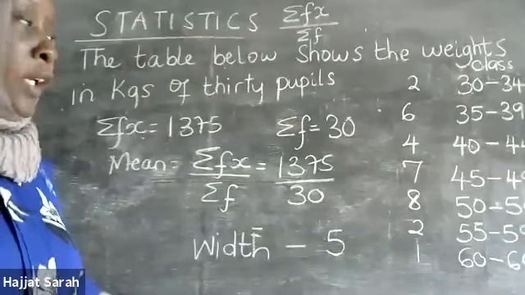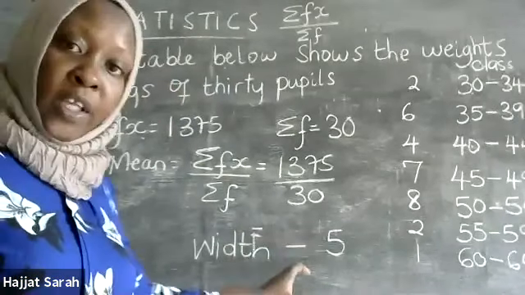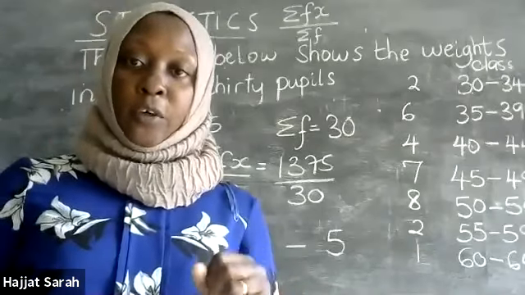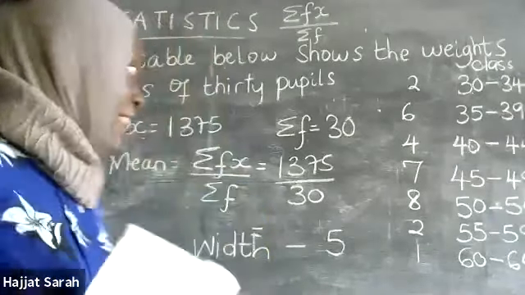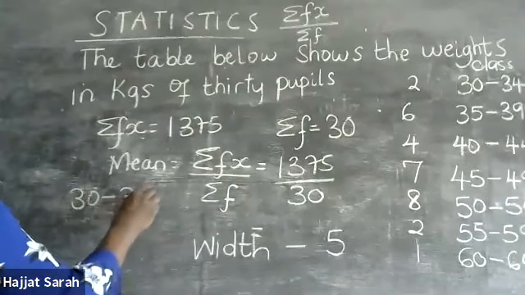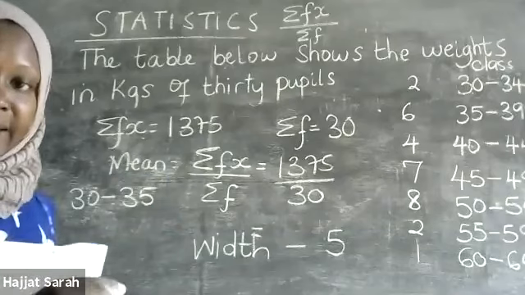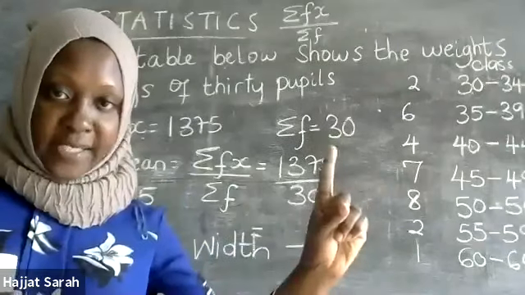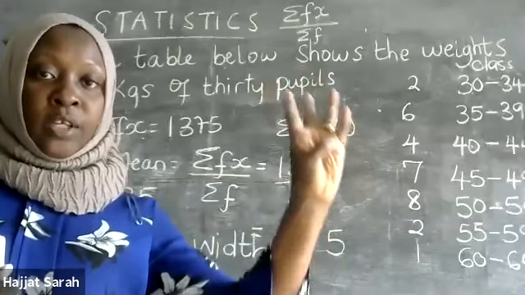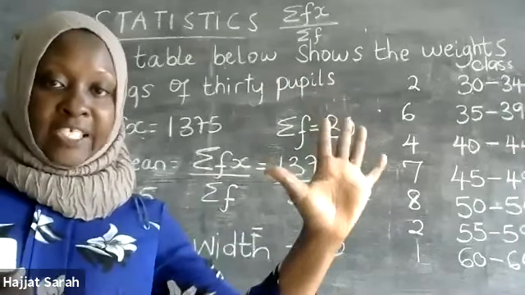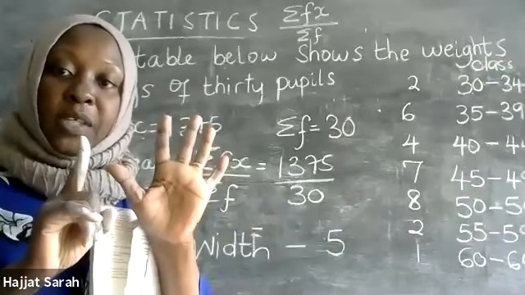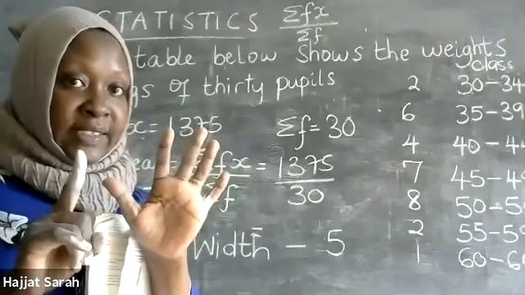We have how many items? 5. When they give you the width of the class, make sure when you are counting, you don't go beyond 5. If I had 30 to 35, okay, how many numbers are between 30 and 35? I have 30, 31, 32, 33, 34, and 35. So how many figures will those be? There will be 6.